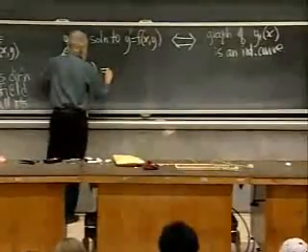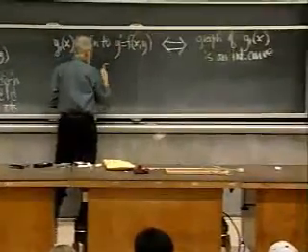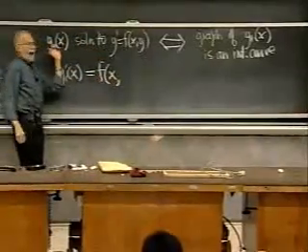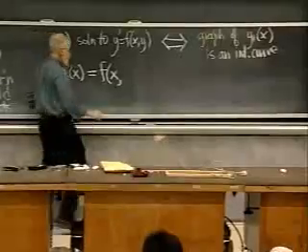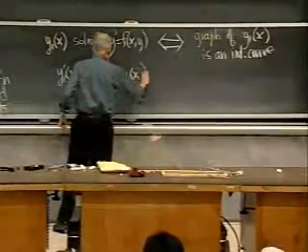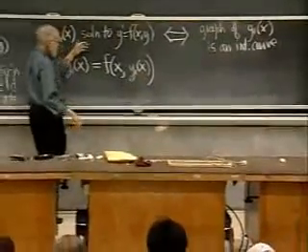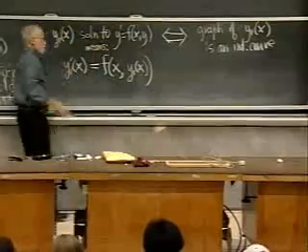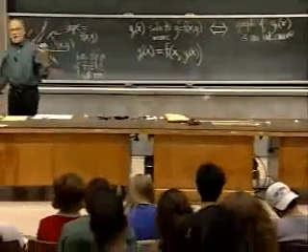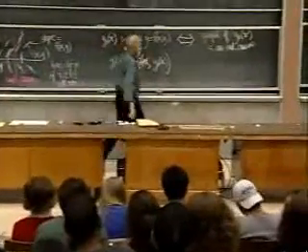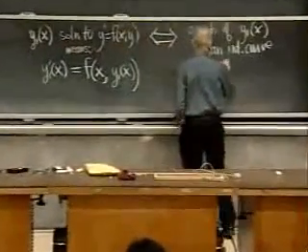And then, how will it look after I plug it into the differential equation? Well, I don't do anything to the x, but wherever I see y, I plug in this particular function. So in notation, that would be written this way. So for this to be a solution means this. That equation is satisfied.